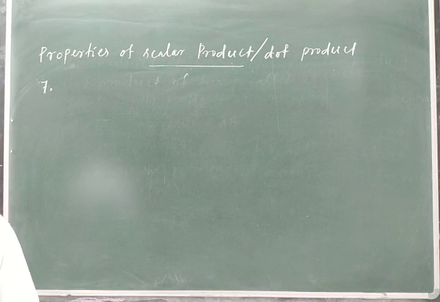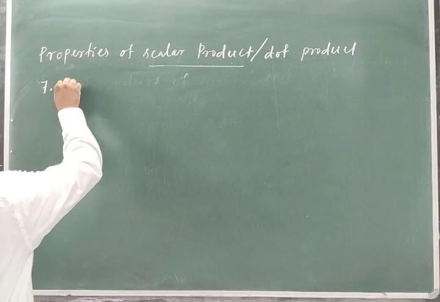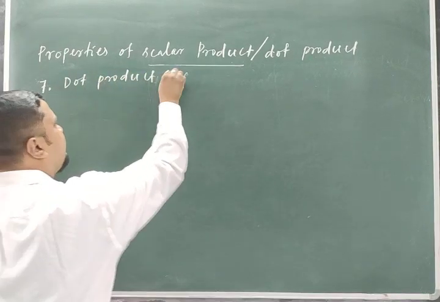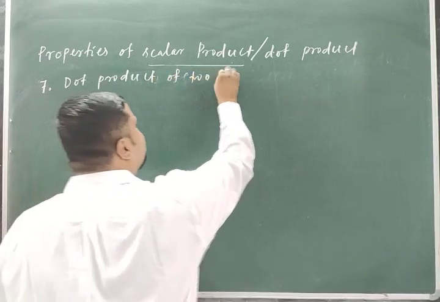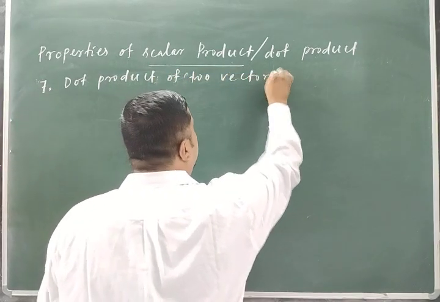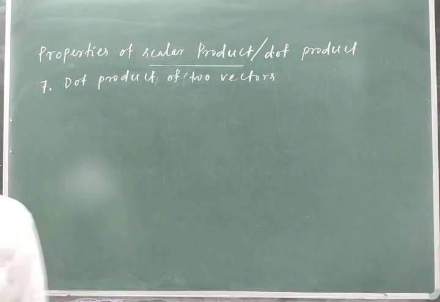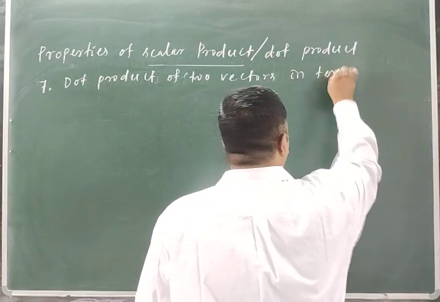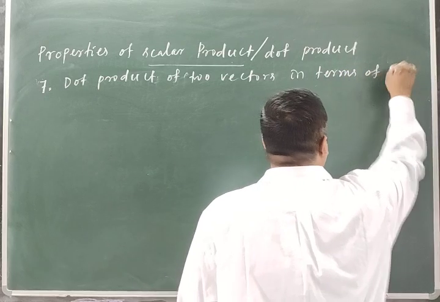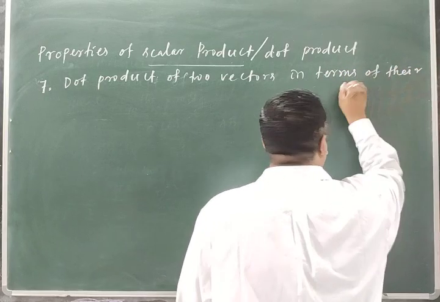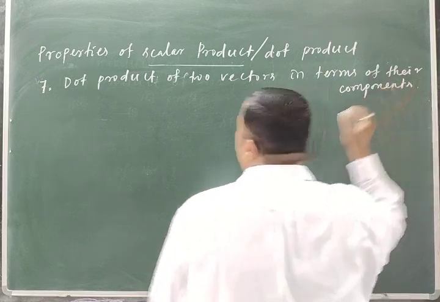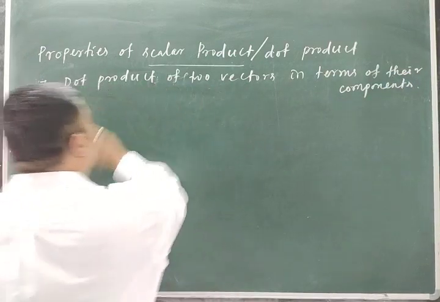What we will discuss in the 7th is the dot product of two vectors in terms of their components. We already discussed the component form, how we write the vectors.